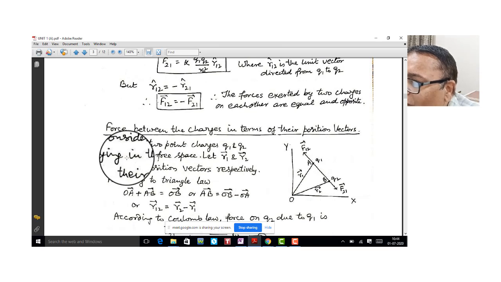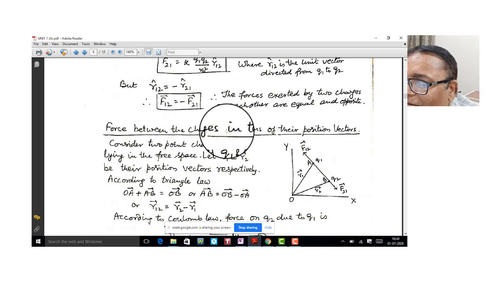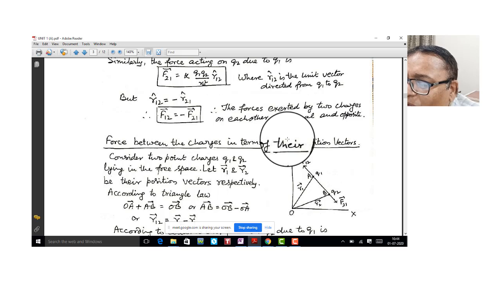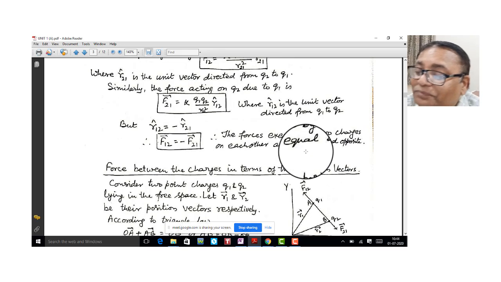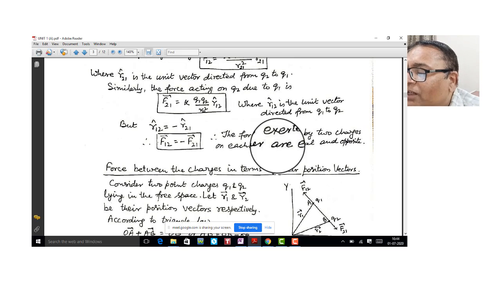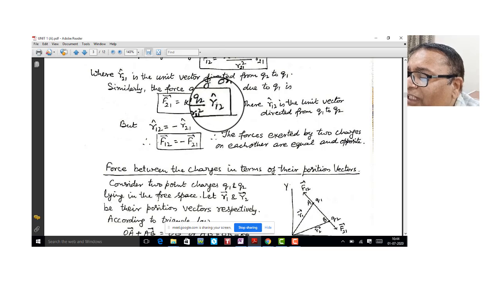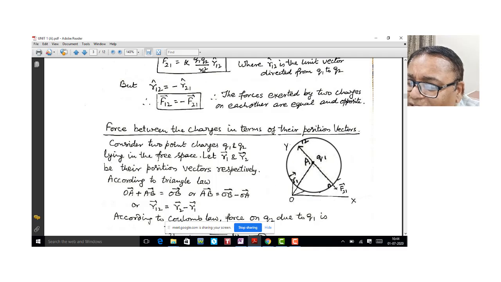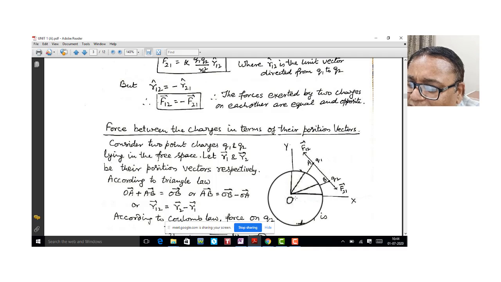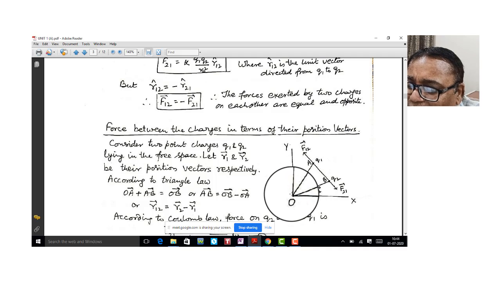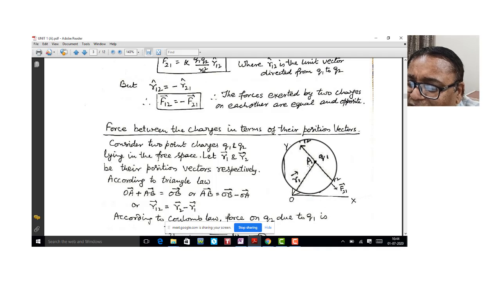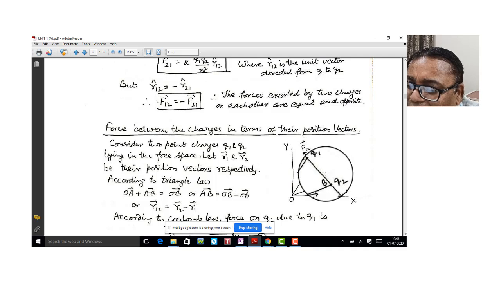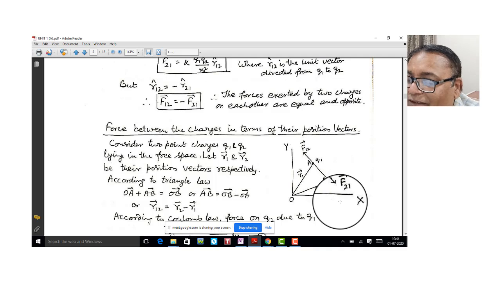In the same way, the force between charged particles in terms of their position vectors. For Coulomb law, it is necessary that the distance between the charged particles is given. Here, the distance is not given, but the position vectors from the origin are given. This is R1 and this is R2. Then we have to calculate the distance AB.